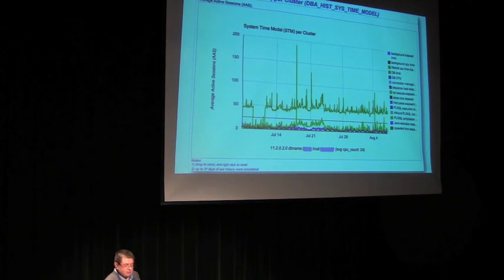This one is the consolidated view of the system time model according to the different components of the system time model. So what do we notice here? The colors, I see the colors very nice here, but I don't see the colors very nice here, okay? So the colors, believe me, they're different. These two are different, they're not the same color.